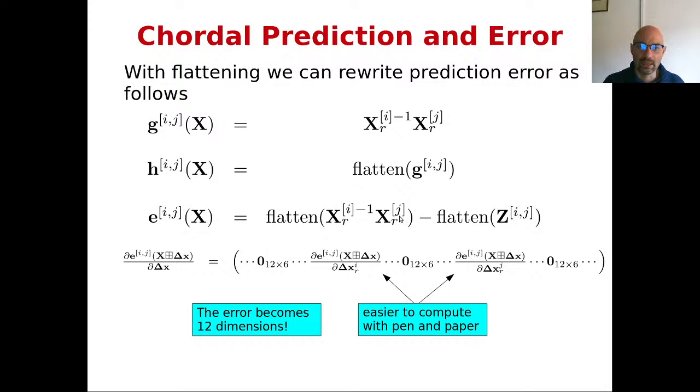Well, if it's Euclidean, I can get rid of the box minus, and so I can get rid also of the T2V. So I could define my error function as flatten of the prediction minus flatten of the measurement. What I will be doing is subtracting two transformation matrices which have been turned into 12D vectors.